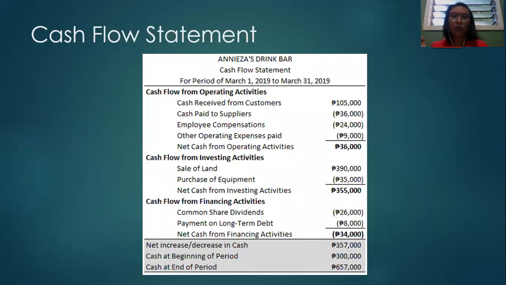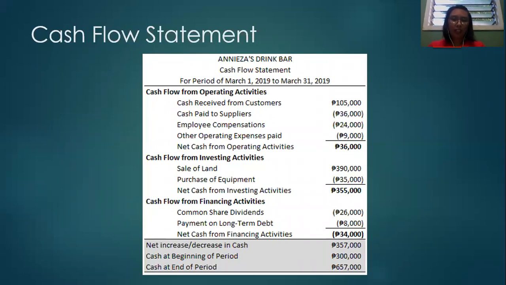So you're going to plot first. You're going to list first the cash flow from operating activities, and then get the net cash from the operating activities. Next will be the cash flow from investing activities. And then the same, we're going to get the net cash from the investing activities. And then cash flow from financing activities and the net cash from the financing activities as well.